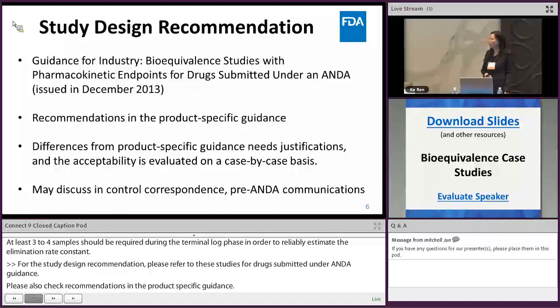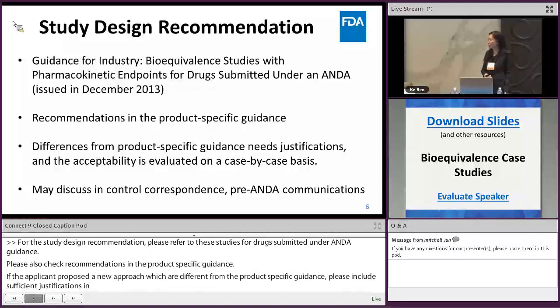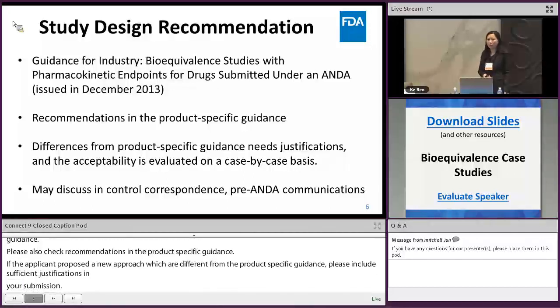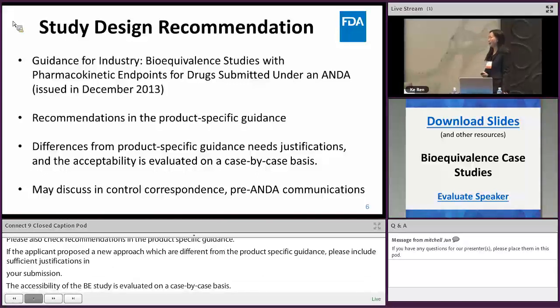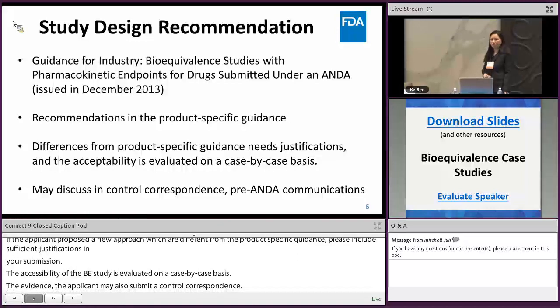The acceptability of the BE study is evaluated on a case-by-case basis. The applicant can also submit a control correspondence to clarify the study design. For a complex drug product, the applicant may submit a pre-NDA submission to propose a new study and study design.